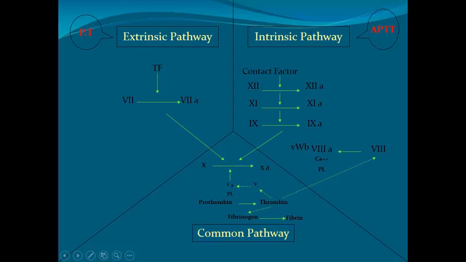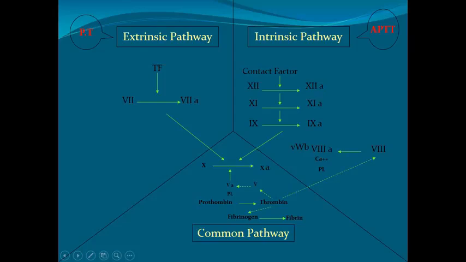The extrinsic pathway is controlled by means of the prothrombin time, okay, and the intrinsic pathway is controlled by means of the APTT. Whenever there is a deficiency of tissue factor or factor 7, there will be derangement of only the prothrombin time, and when there is a deficiency of factor 12, factor 11, factor 9, von Willebrand factor or factor 8, there will be prolongation of the activated partial thromboplastin time.